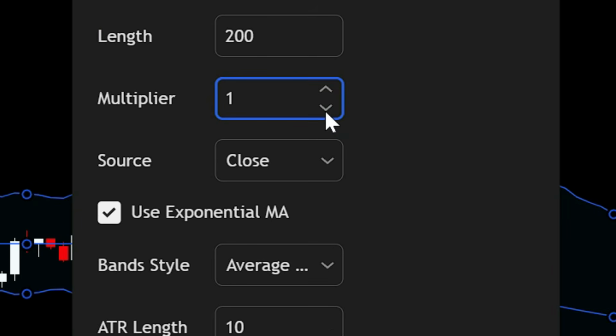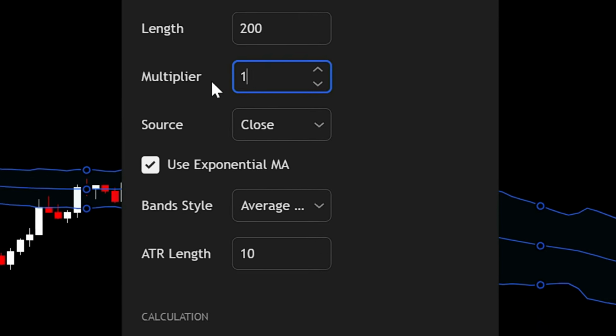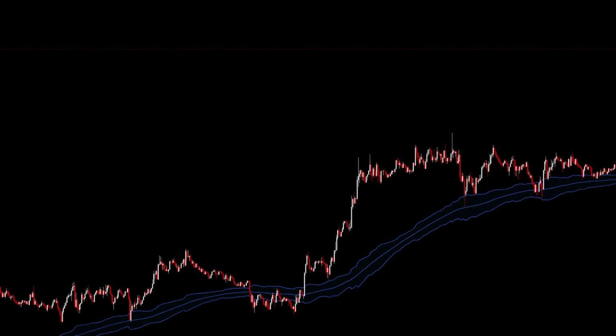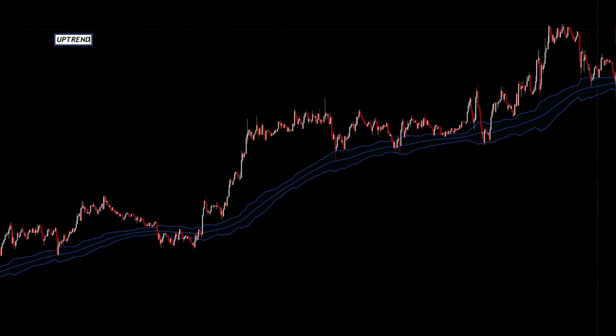And lower the multiplier from 2 down to 1. Now, it makes sense. If the price is trading above the channel, the trend's up. If the price is below the channel, the trend's down.